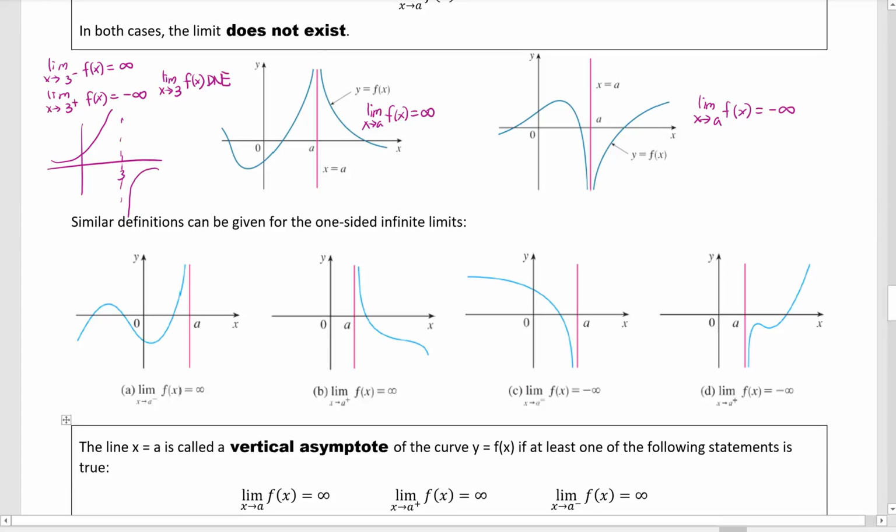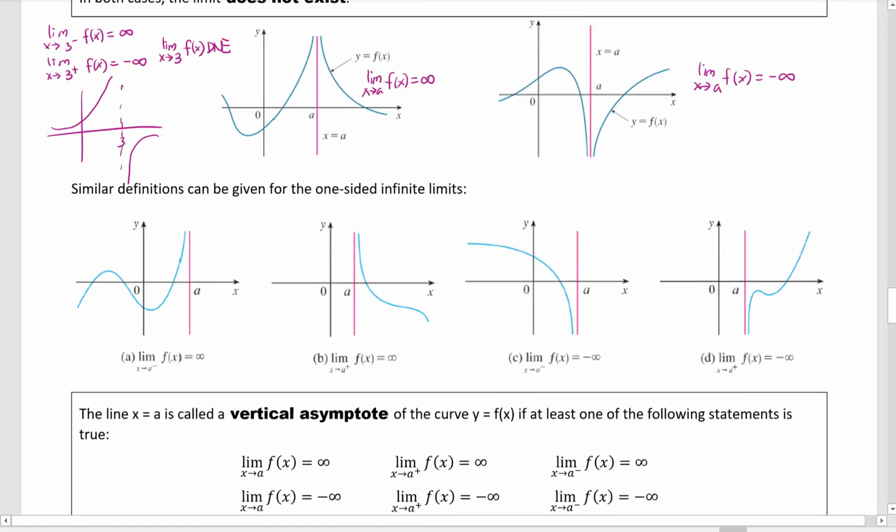So that's why we have the right-side limit equals infinity. In this case, we have the left-side limit is minus infinity, and here we have the right-side limit equals minus infinity. So we have four different possibilities.